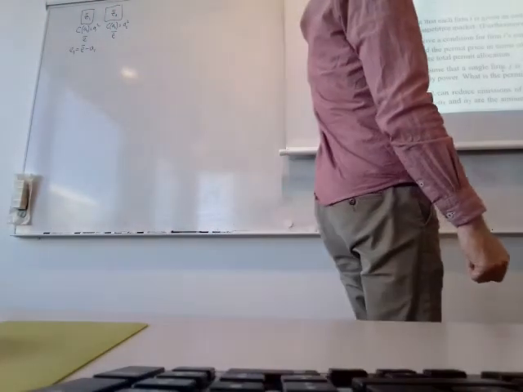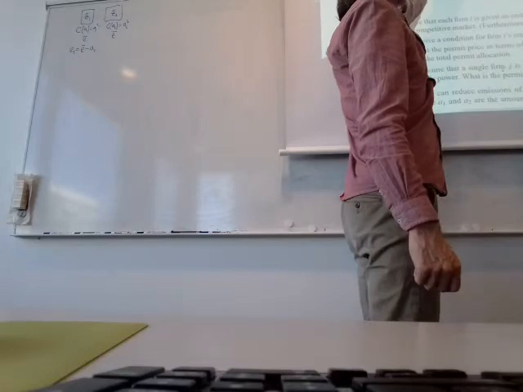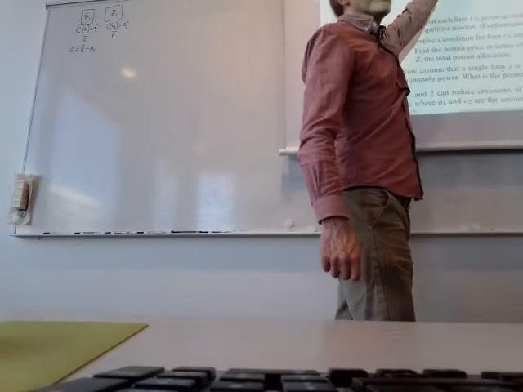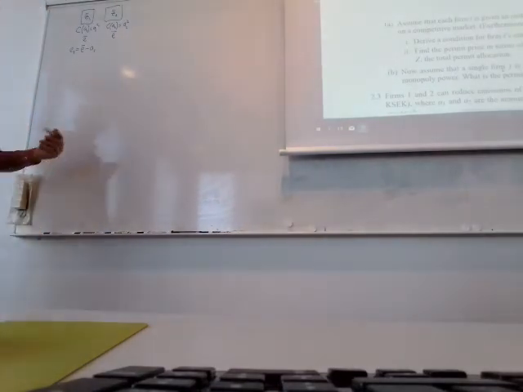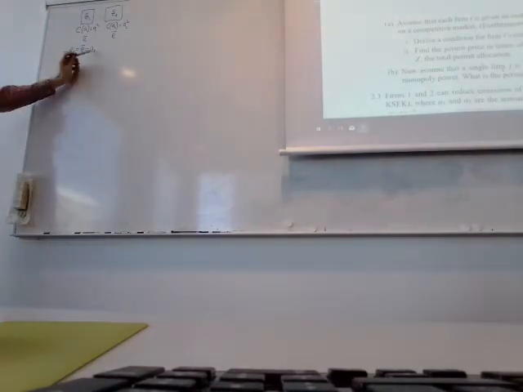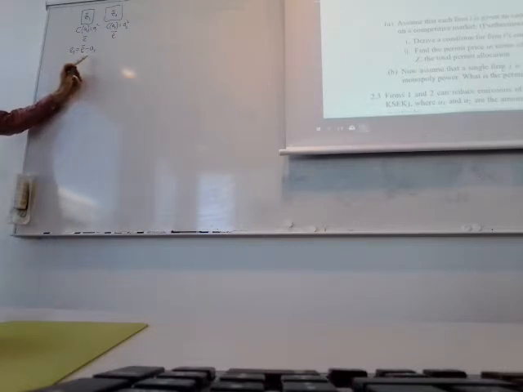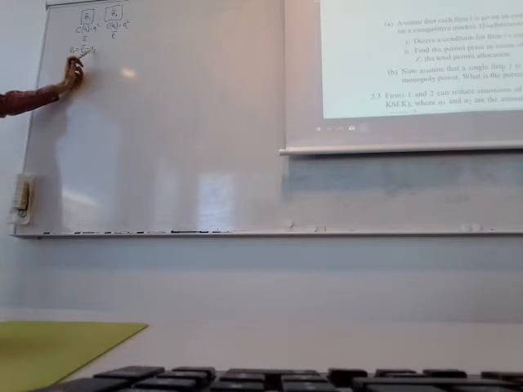It's not even totally clear. It should be defined what we mean by this. But given that it's not totally clear in the question, it's even more important to make it very clear to yourself and maybe to the examiner that this is how I'm interpreting what A1 is.